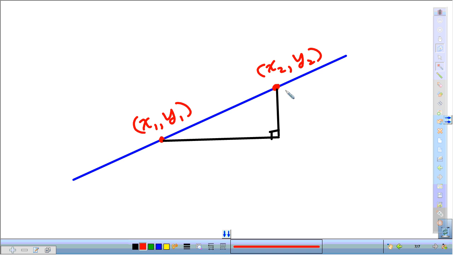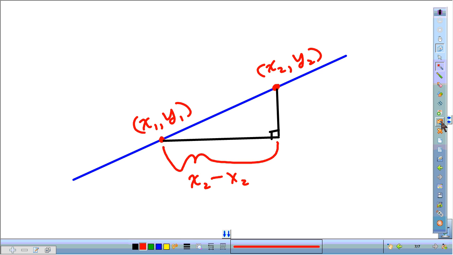If we look at the rise and run in terms of the points, if we move along horizontally on the triangle, that side of the triangle is how far we move in the x direction from x1 to x2, or what we call the change in x, and use the symbol delta x.